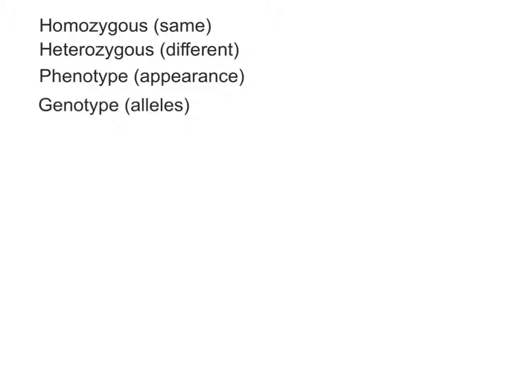So let's go through a couple of examples where we can actually use these words and see how they apply in a specific example. So the first example I would like to do is having 2 mice that have the phenotype where one is black, and I'm going to cross that with another one that is white.